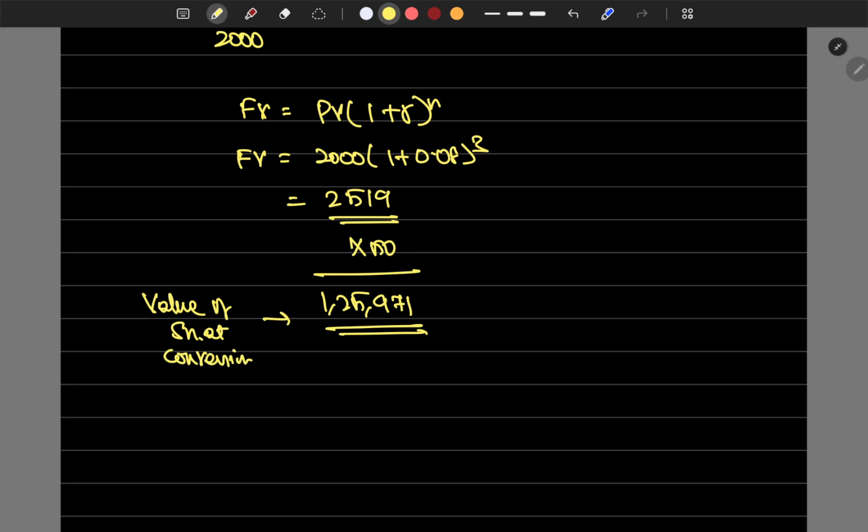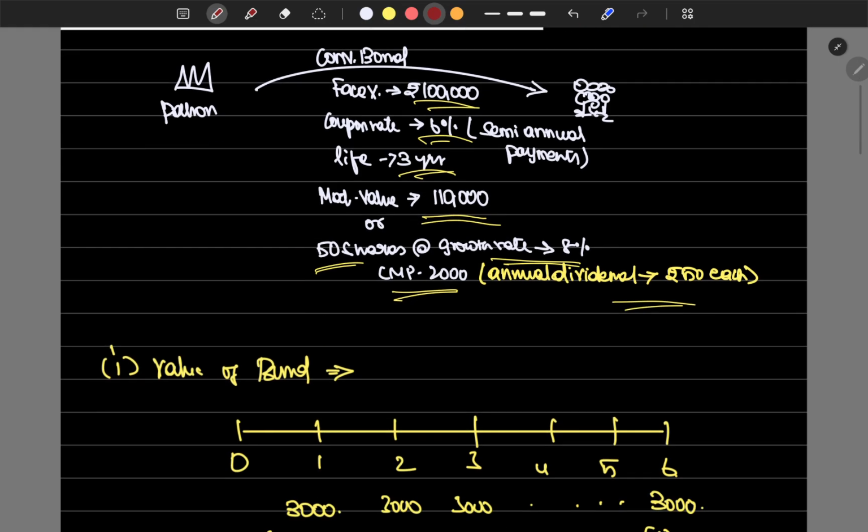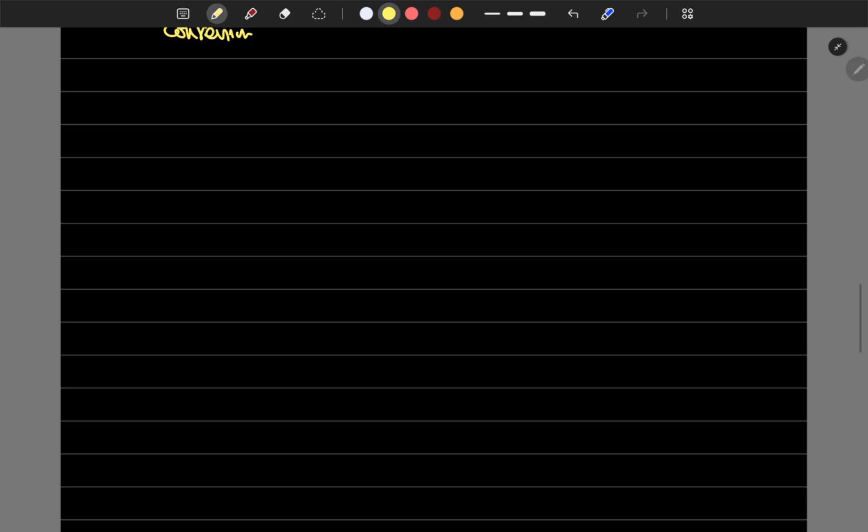Right? We found both the things. Now what else do we have? We have to find out the value of conversion option. What they are asking is value of conversion option, in the sense: instead of bonds, what if I completely invest in shares?